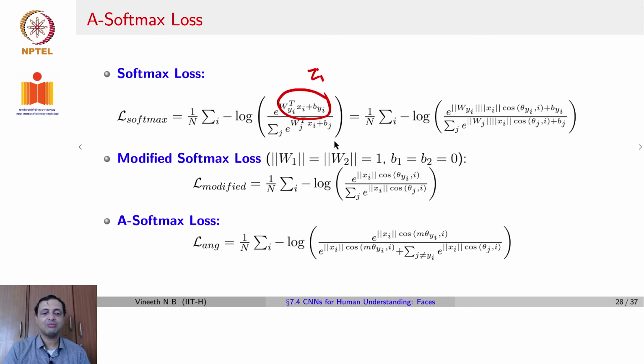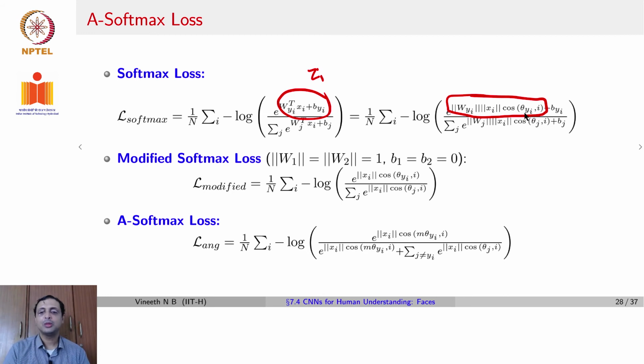So that's the definition of softmax. Now one could write out this dot product Wx that you have here as norm W into norm X into cos theta Yi, that's the definition of the dot product, plus the bias Byi.